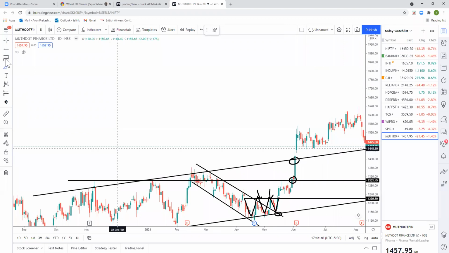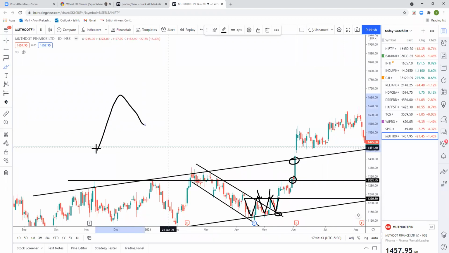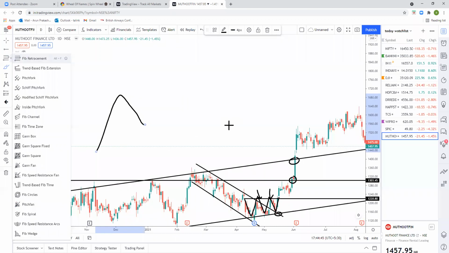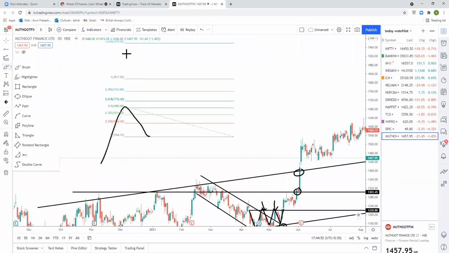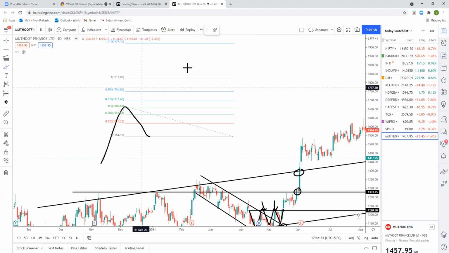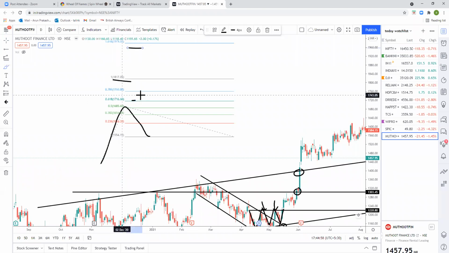If this is a price action, you take a Fibonacci extension from this and drop it here. Now these will be your targets. 618, 1, 2, all these levels will be your targets. So it will help you to fix targets, particularly when a stock is in uncharted territory.